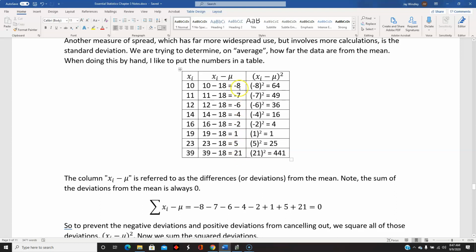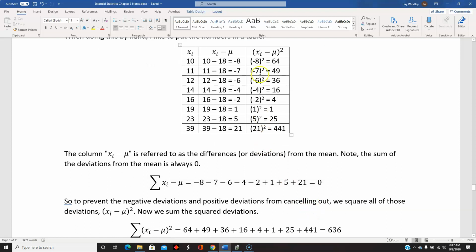But the problem is, if you add these deviations together, as I'm showing right here, it adds up to 0. And that's an interesting property of the mean, that the deviations from the mean will always add up to 0. So to prevent these negatives and positives from canceling out, we're going to square all those deviations.